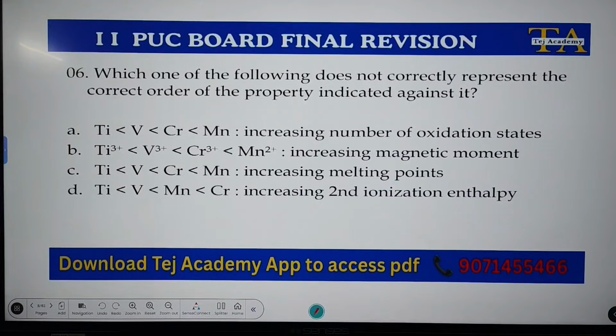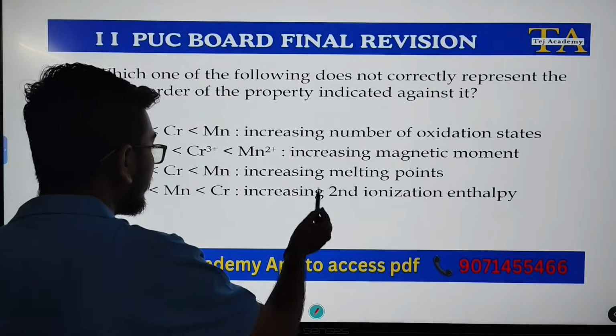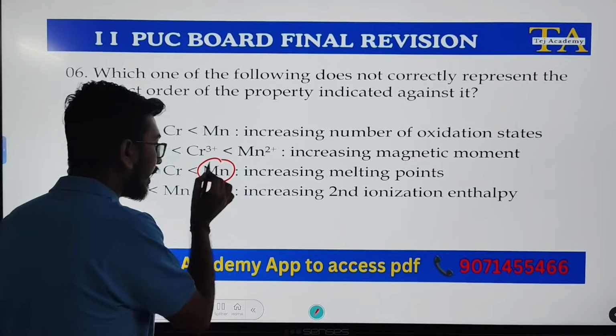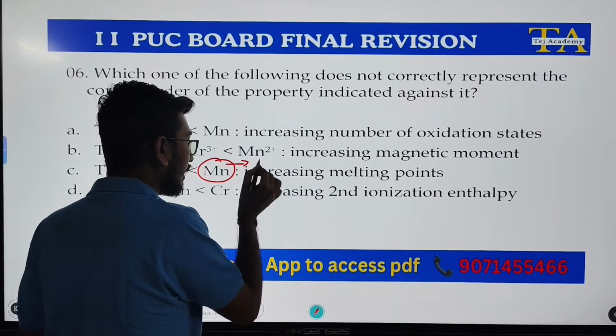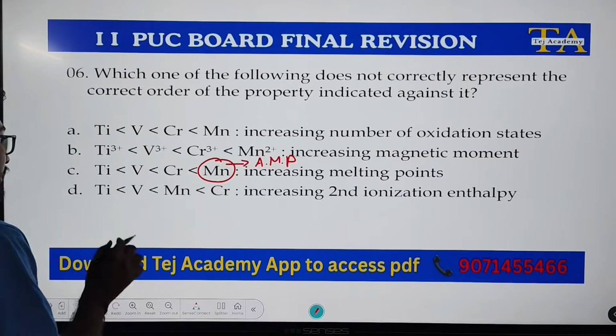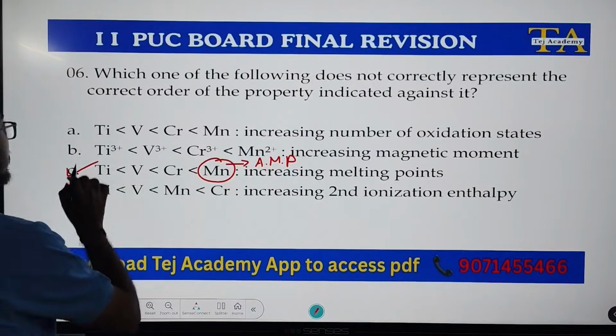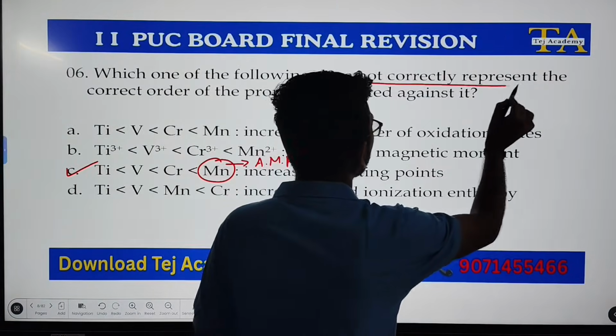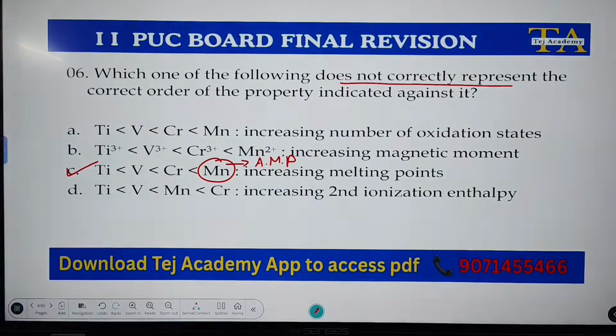If you check the electronic configuration, then you will get it. Third option, you see increasing melting point. Just now we saw that manganese will show abnormal melting point. So by seeing this only we can predict option C is incorrect. See, they asked does not correctly represent. So option C is the right answer.